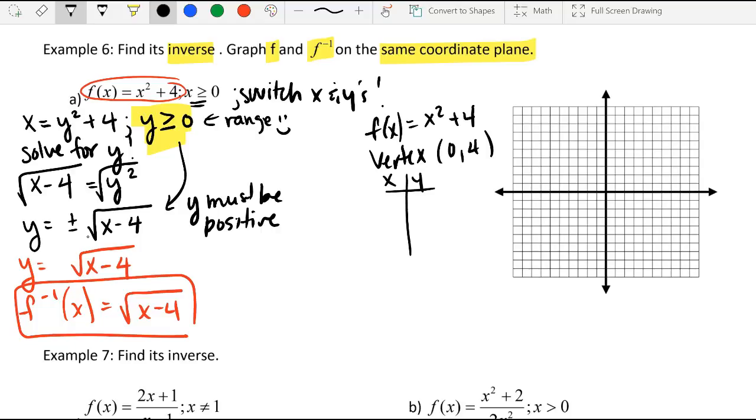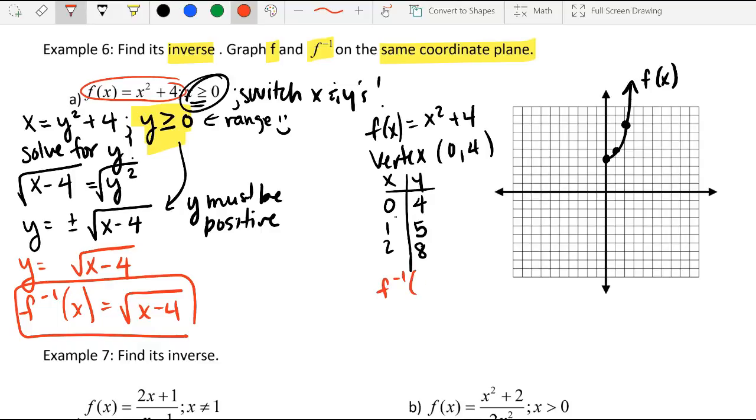It only wants positive x starting at 0, so 0, 1, and 2. When x is 0, 0 squared is 0 plus 4 is 4. When x is 1, 1 squared plus 4 is 5. When x is 2, 2 squared is 4, 4 plus 4 is 8. So 0, 4; 1, 5; 2, 8. So this is your f of x. Let's do the next one in red.